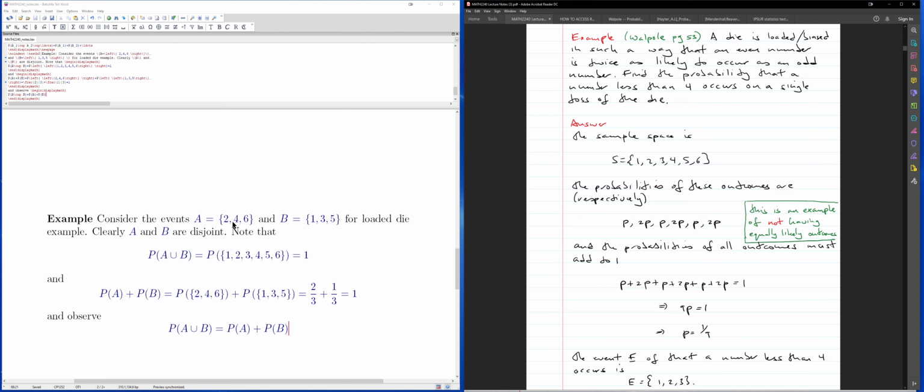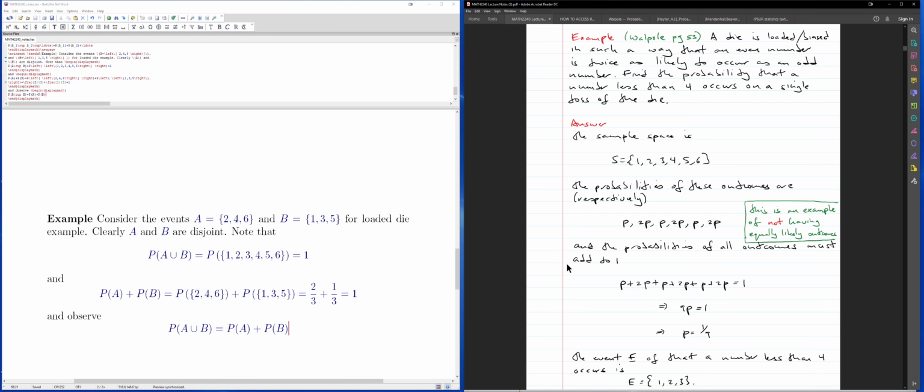I consider two events of the sample space: A is 2, 4, 6, so even results, and the second event B consists of getting an odd result. These are disjoint events. You have nothing in common between A and B, so the intersection is empty. So A and B are disjoint.